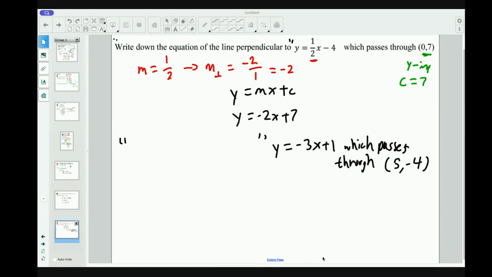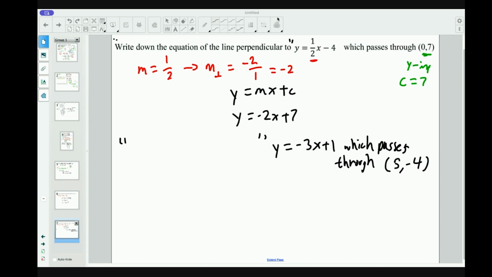All right. So have we worked out what the gradient of our new equation is going to be? We're able to find out the new perpendicular gradient.